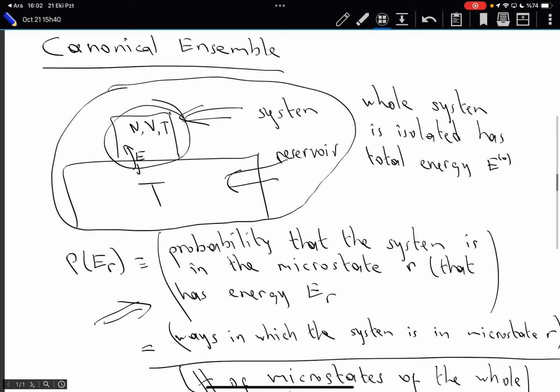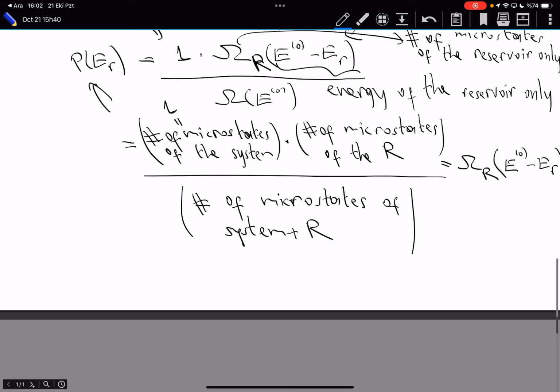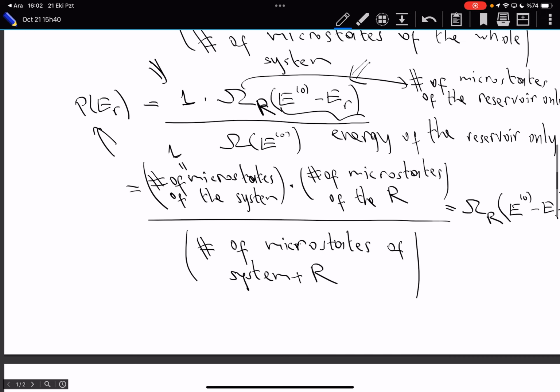Of course, my system is now the subsystem of the whole system. But still, since I'm mainly interested in the system, this one over here, I will keep calling it the system plus the reservoir. Of course, my system exchanges energy with the environment. So ER, the microstate of my system, will change.